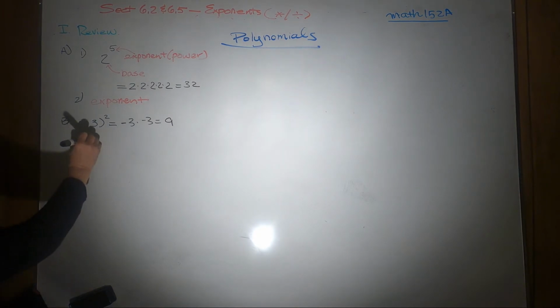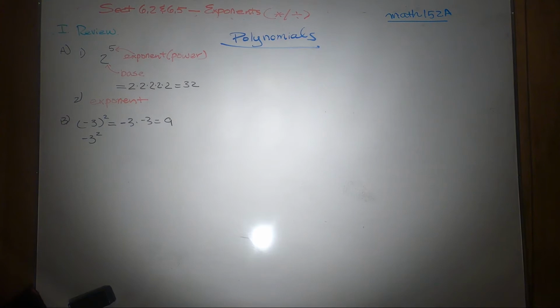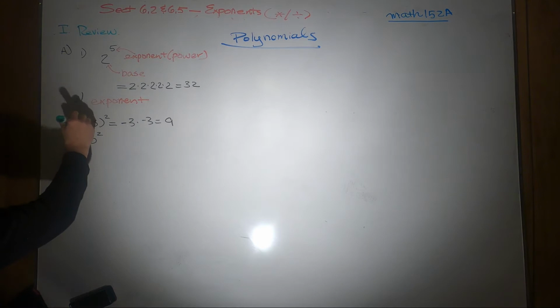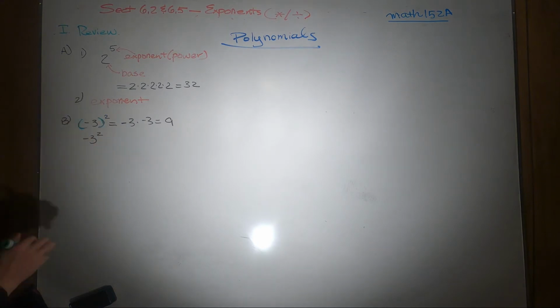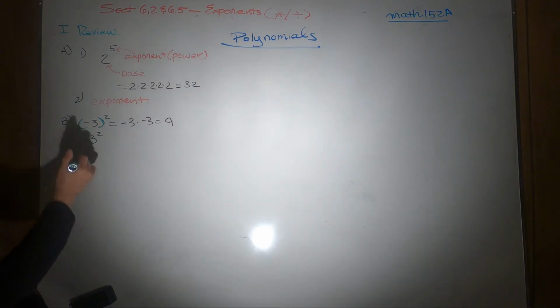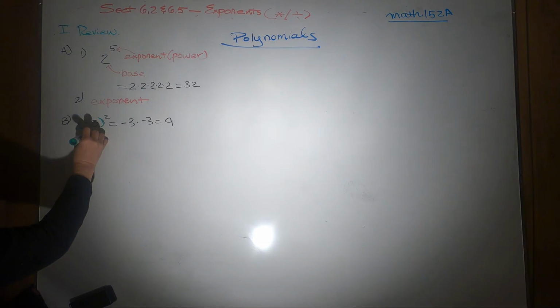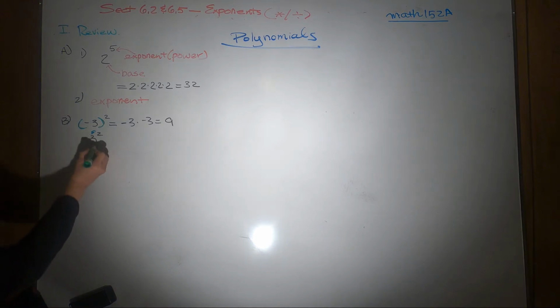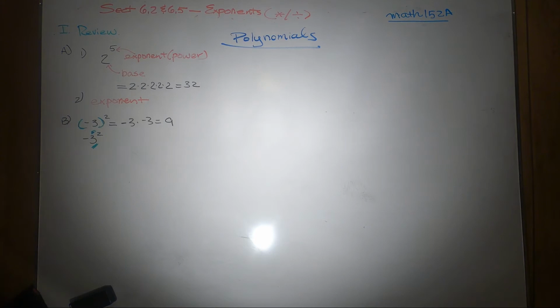And if we write -3 to the second power, what's the difference between these two? One with parentheses means everything is the base, right? But for this one, it's different because the power applies to the thing right before it, okay? So for this power 2, the base is only 3.